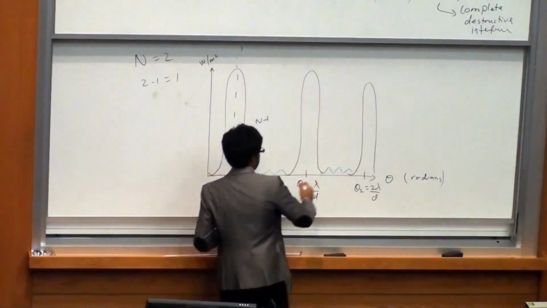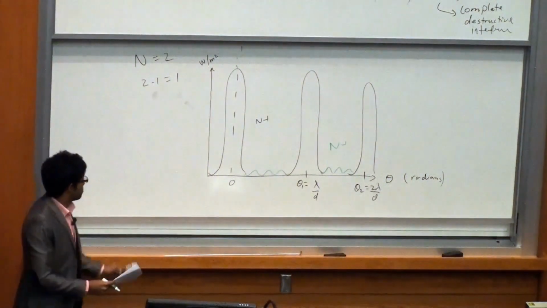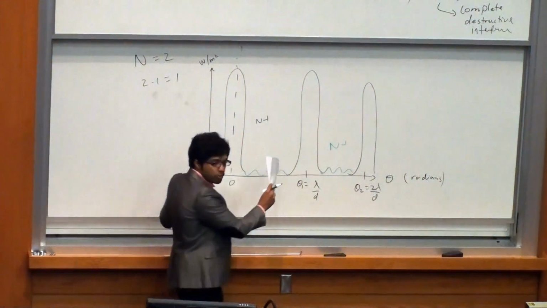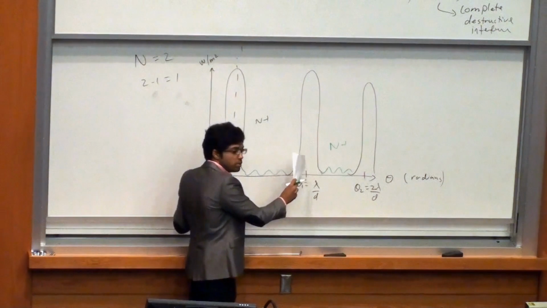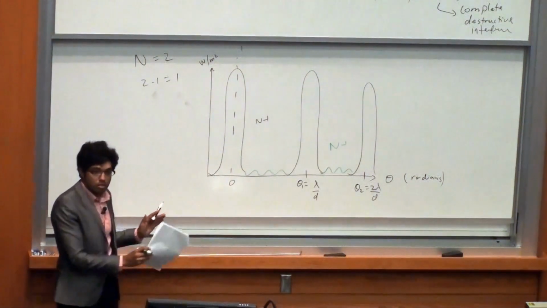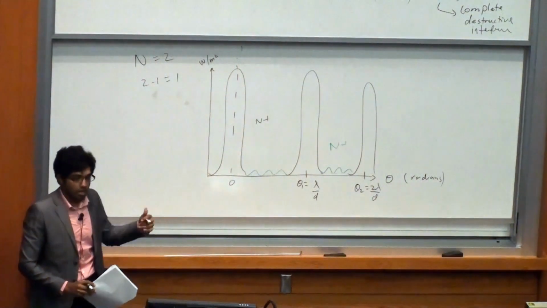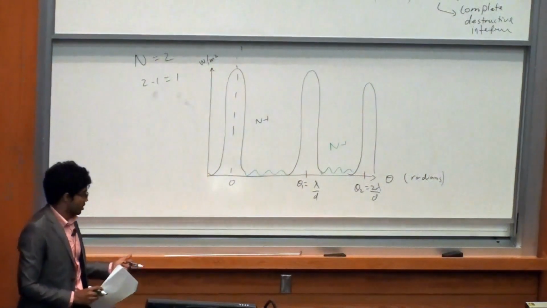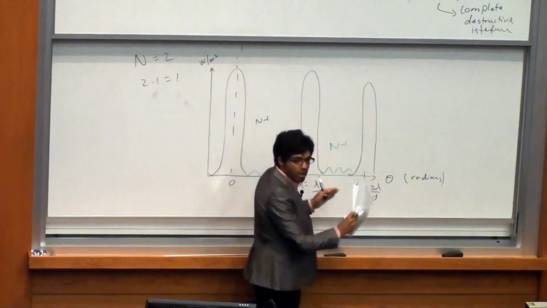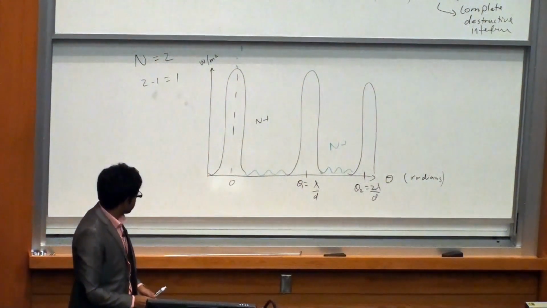So I'll have n minus 1 minimas between theta 1 and theta 2. So it's not simply one minima between the maximas like I did with 2 coherent light sources. Now I have n minus 1. So if I have capital N light sources, then I'll have N minus 1 minimas between each of the maximas. So that's where they fundamentally differ.